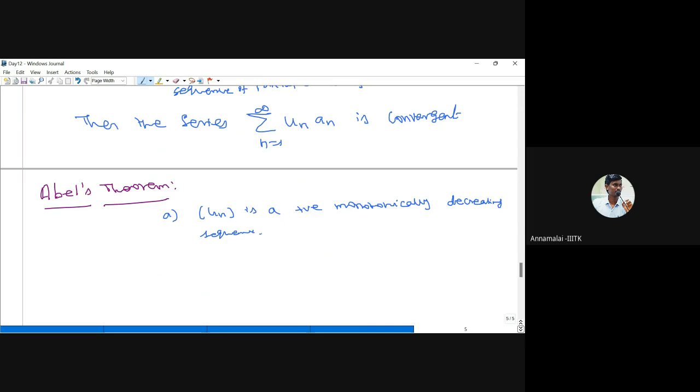And the second condition is that the summation a_n is convergent. Dirichlet assumed that the partial sum of this series is bounded, but here he assumed that it is convergent.